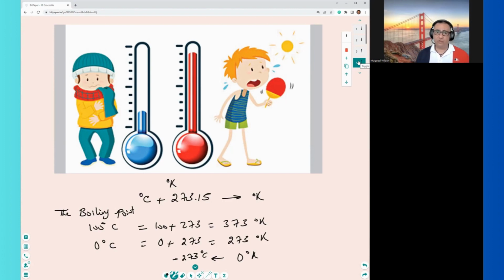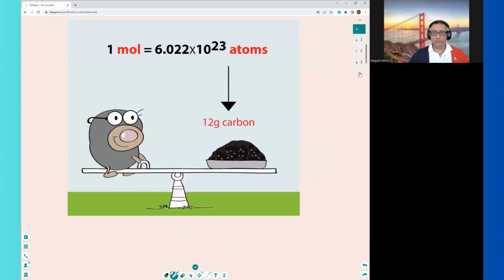So far we have talked about length in meters, mass in kilograms, time in seconds, thermodynamic temperature in degrees Kelvin. Next, quantity or amount of substance.